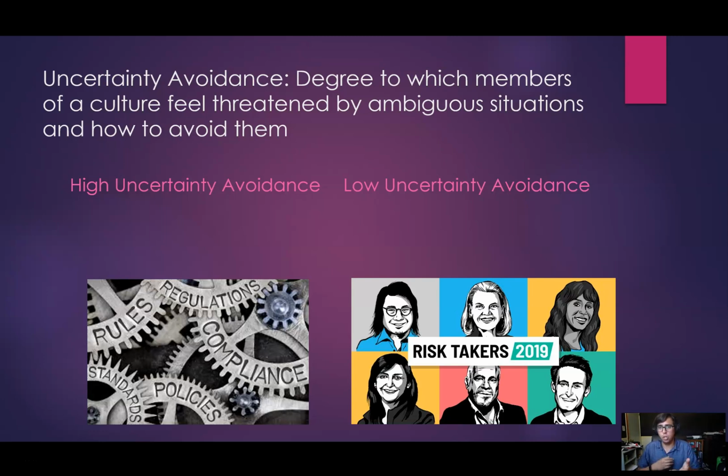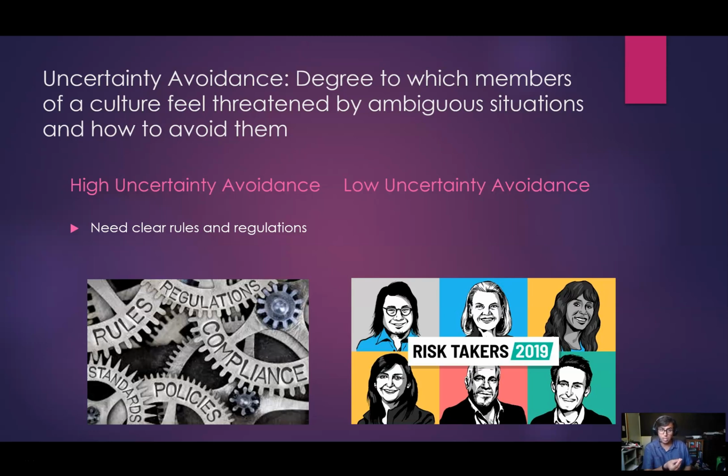Next, we talk about uncertainty avoidance. In high uncertainty avoidance cultures, we need clear rules and regulations. In other words, uncertainty avoidance is the degree to which members of a culture feel threatened by ambiguous situations and strive to avoid them. So, by having clear rules and regulations, we avoid the uncertainty of making mistakes.